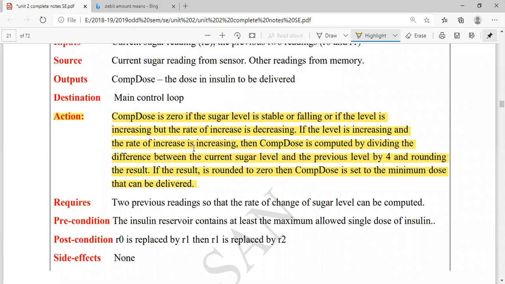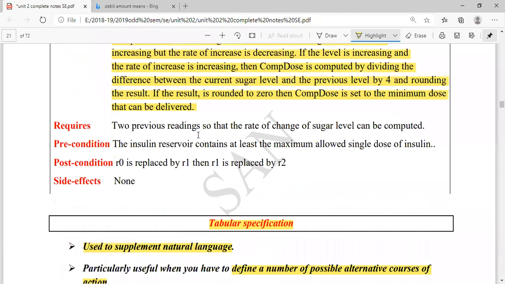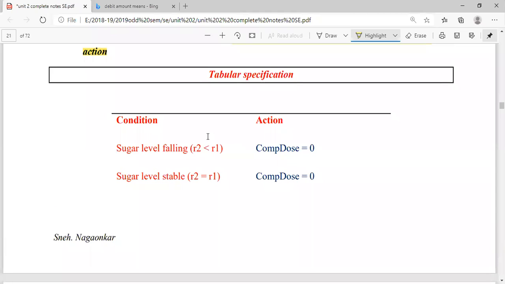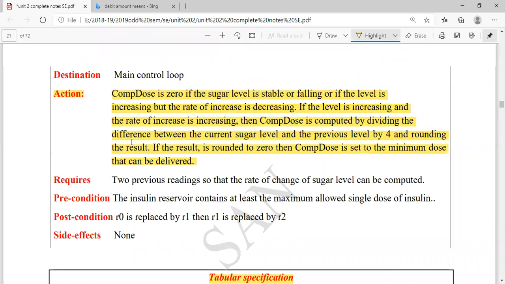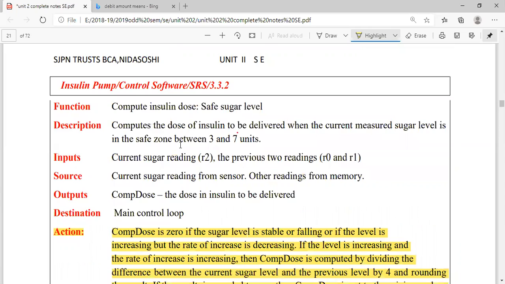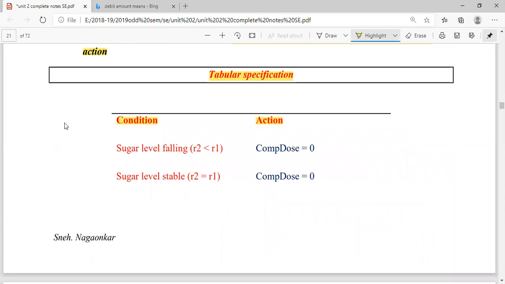Rather than writing conditions in a paragraph, which is very difficult to understand, we can refer to one format, called a tabular specification. You can see more clearly here: I have this as a condition and what is the action, isn't it? This is more easy to refer to than this. Even if this format is used, if we take this, it becomes very, very easy to understand.